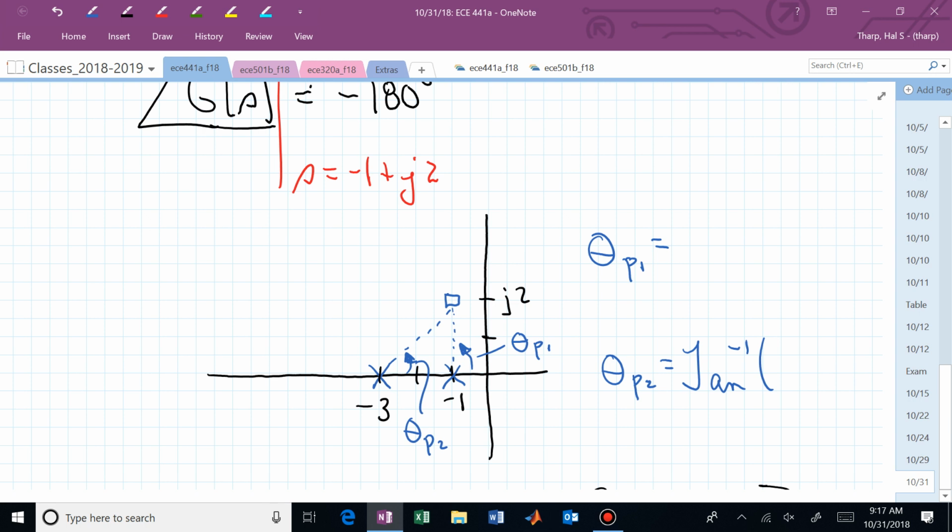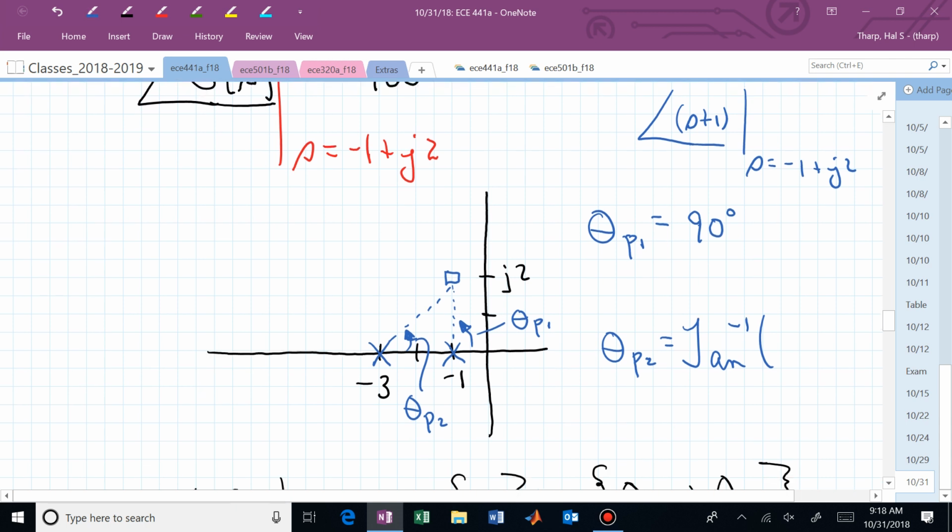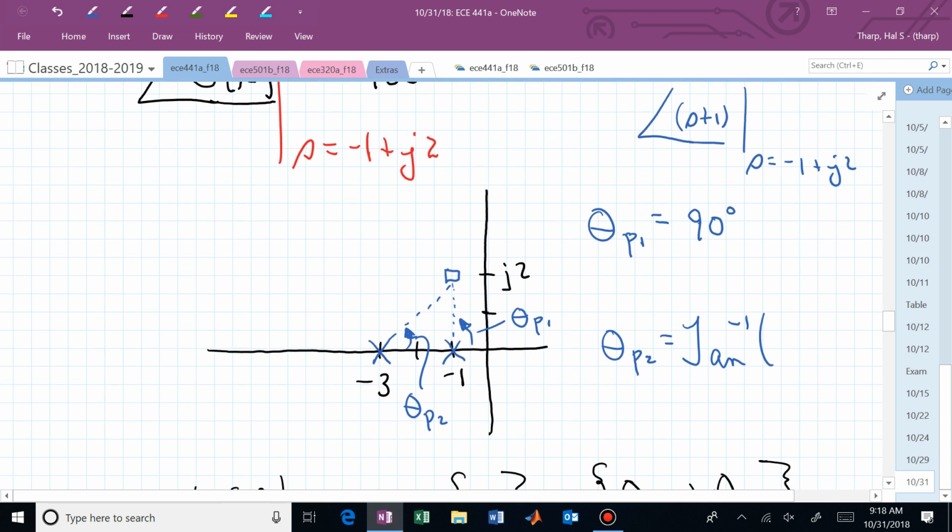Theta P1, if you can't, you could say, well, what's the angle of this pole factor, s plus 1, when s is equal to -1 plus j2? You plug in s equal to -1 plus j2, and you're saying, what's the angle of j2? Well, the angle of j is 90 degrees. So theta P1 is 90 degrees.